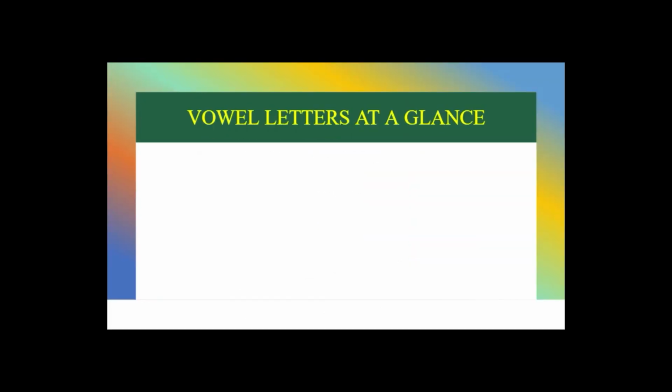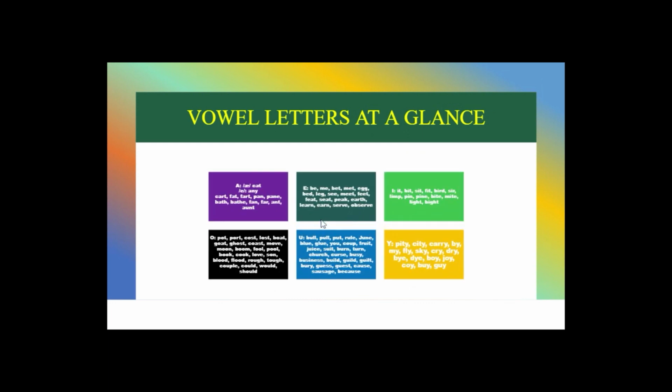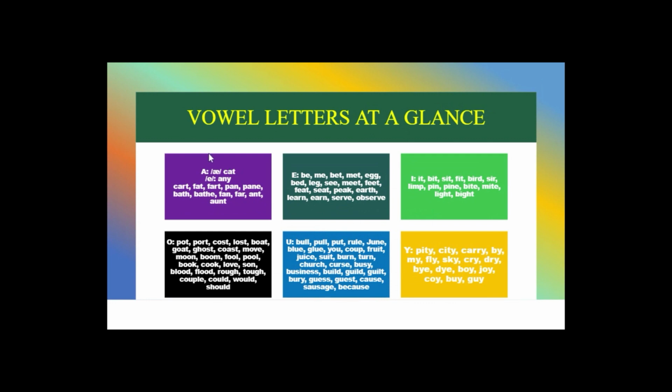The next thing we want to look at will be the vowel letters. There are 5 vowel letters, and they are as follows: A, E, I, O, and U. Now, these 5 vowel letters are contained in the English alphabet, and then we have the other letters, which are consonants.